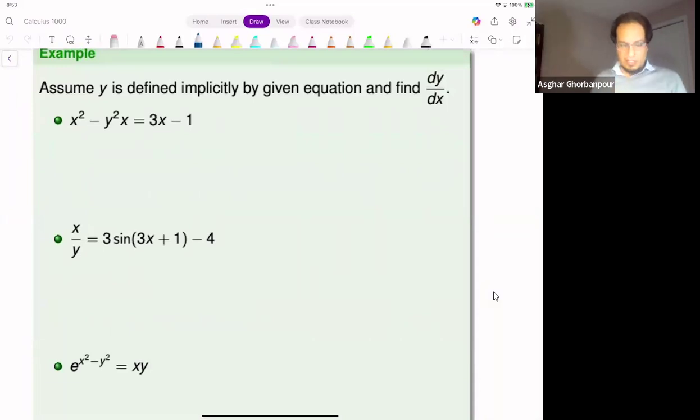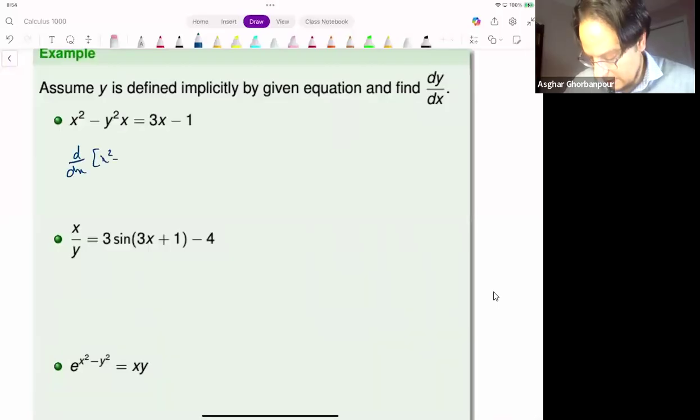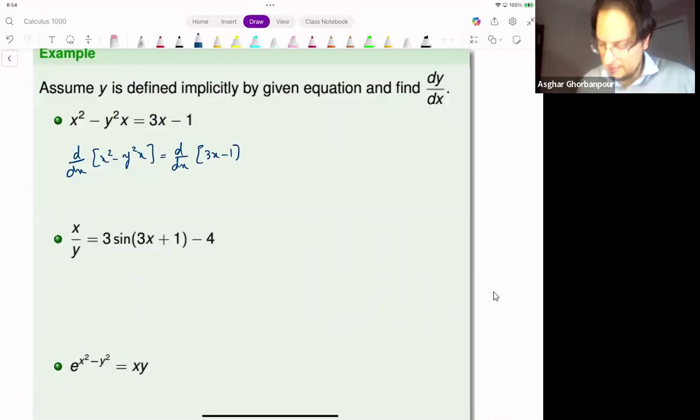Remember, when you're doing implicit differentiation, you have an equation in terms of x and y, and you want to take the derivative with respect to x. So what you do is you go ahead and take the derivative of the left-hand side. I will write this one with details, and then I'll leave the others with fewer details.